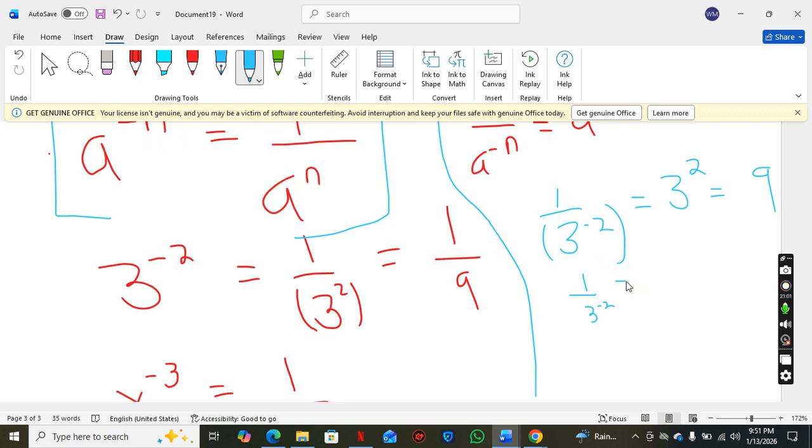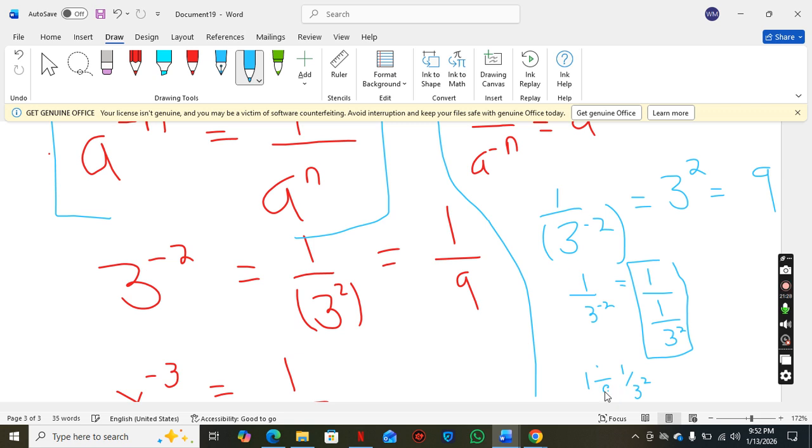Then our fraction will look like this: 1 over 1 over 3 squared. Basically what we're saying is 1 divided by 3 squared. This triple fraction is the same as saying 1 divided by 1 over 3 squared.